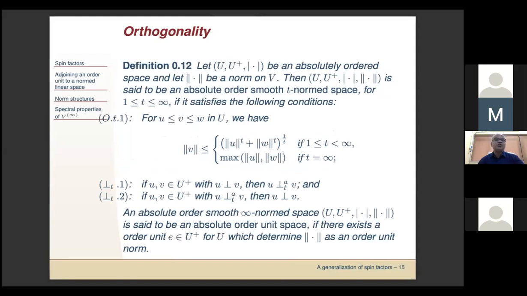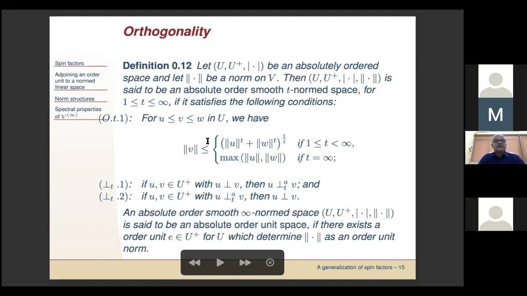definition, now we propose the norm to have certain properties, namely we begin with now an absolutely ordered vector space U plus with the modulus, and assume that there is a norm. Oh, it's a typo, it should be U. Then U plus with modulus and norm is said to be absolutely ordered order smooth T norm space, T lies between 1 and infinity, both 1 and infinity included, if they satisfy conditions OT1, part T1 and part T2.